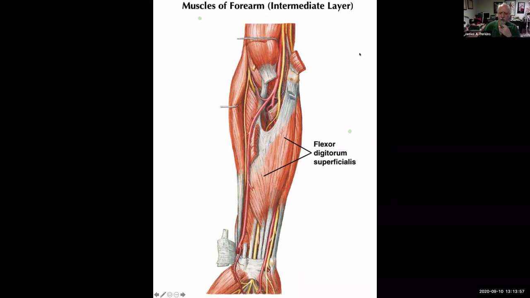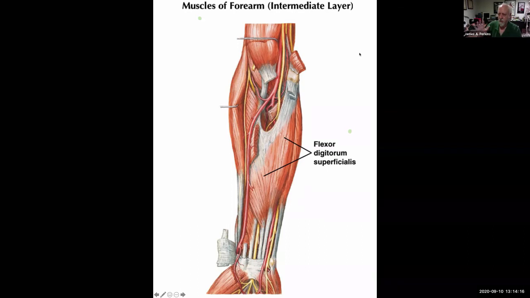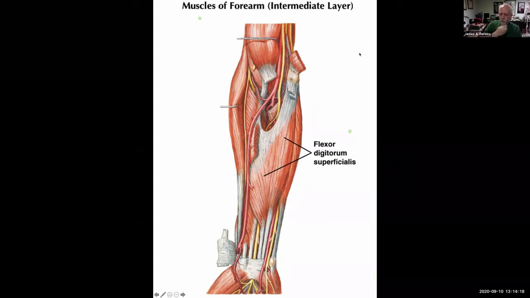But if you break down the meaning of the name, it's a little easier to keep track of what it does. So flexor, we know it's flexing something. Digitorum is the plural in Latin for digit. So all of your fingers are the digitorum. So it's a flexor of the fingers.